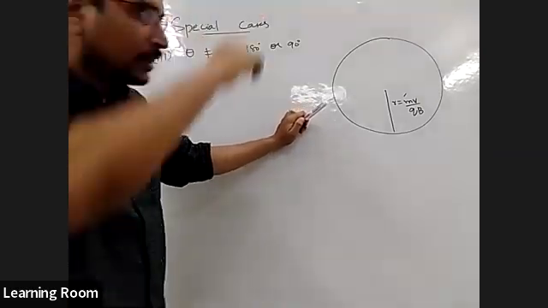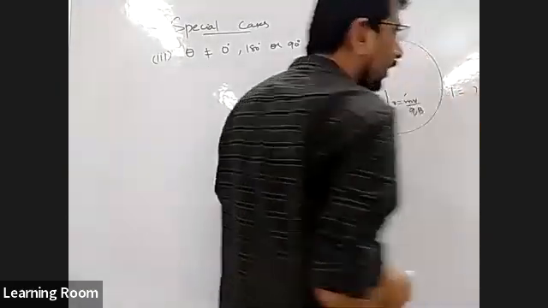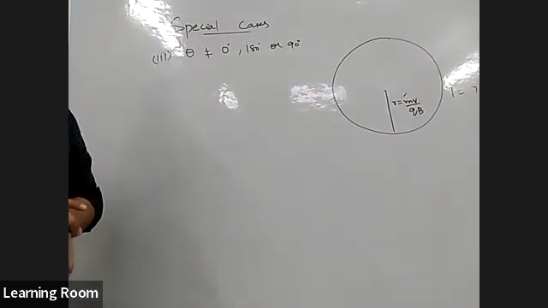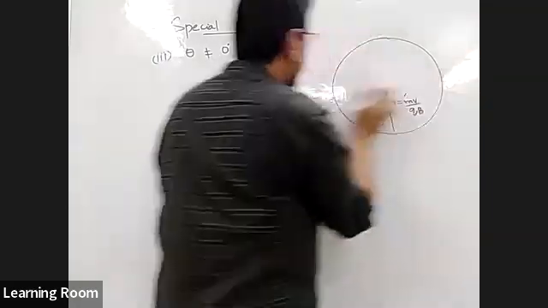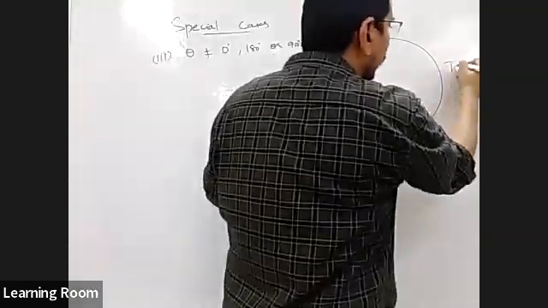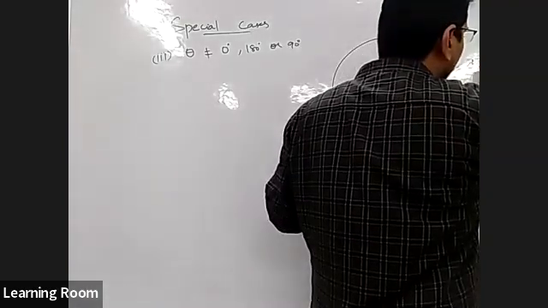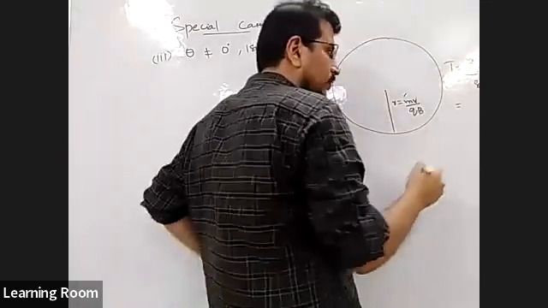Correct? Now, how much time will it take for the particle to complete one revolution? What is the time period of this particle? Time period is equal to distance by speed. What is going to be the distance?